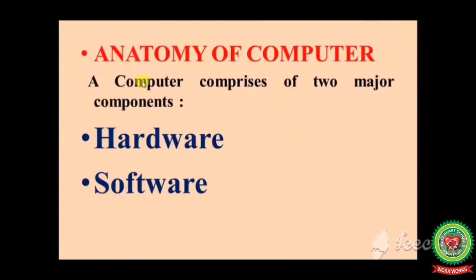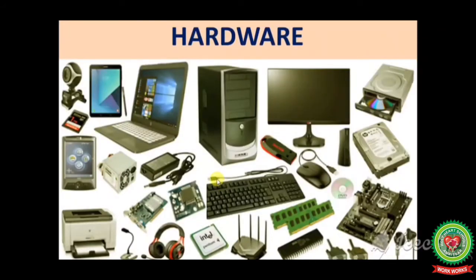What is anatomy of computer? Anatomy means structure, meaning the things that are used to make a computer. There are two things, hardware and software. These are the hardware parts of a computer that perform operations.